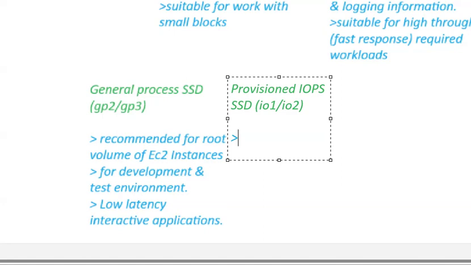So when is this provisioned IOPS useful? When you are expecting high input outputs per second, and if you want to define that for your volume, then prefer this. And this is highly preferred for large database workloads.